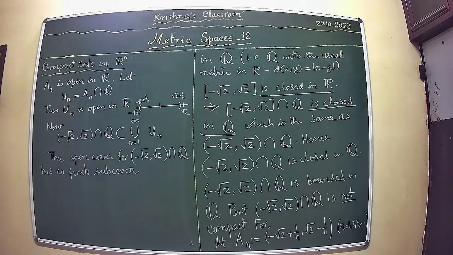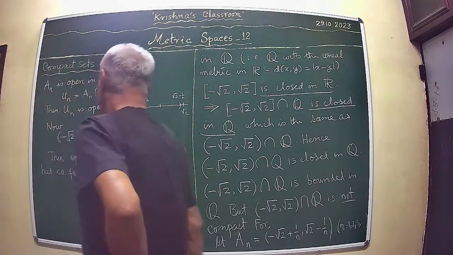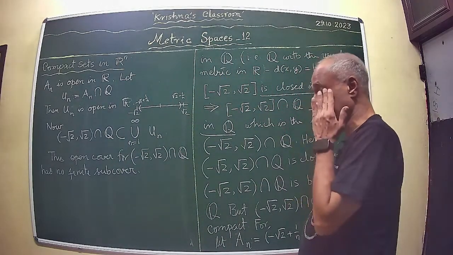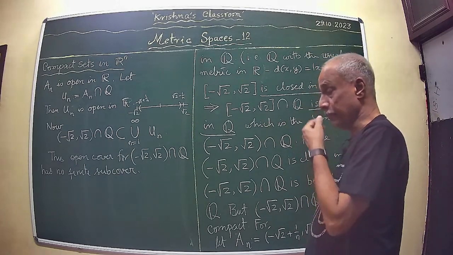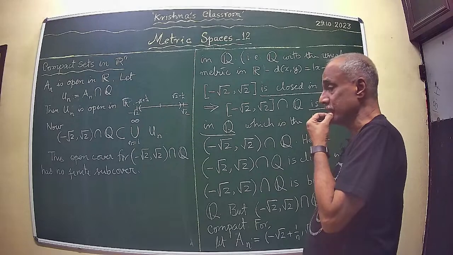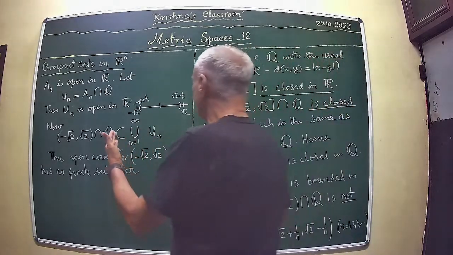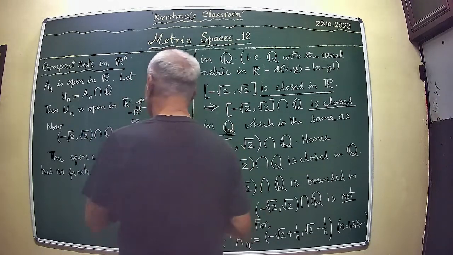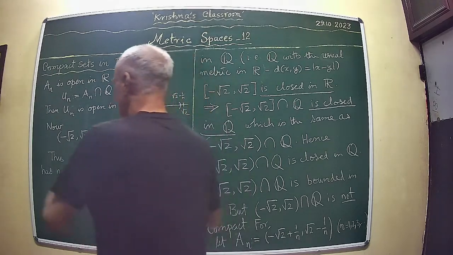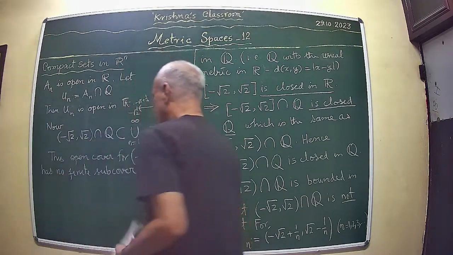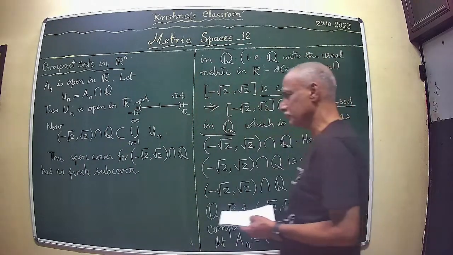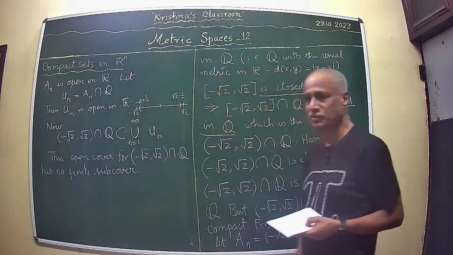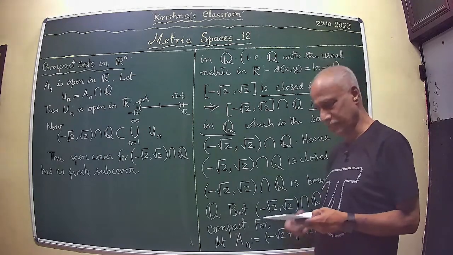But then there is a maximum of n, say capital N, and it covers only up to minus root 2 plus 1 by capital N and root 2 minus 1 by capital N, and beyond that it's not covering. So there is some leftover. This is again something to do with the distribution of rational numbers on an interval.